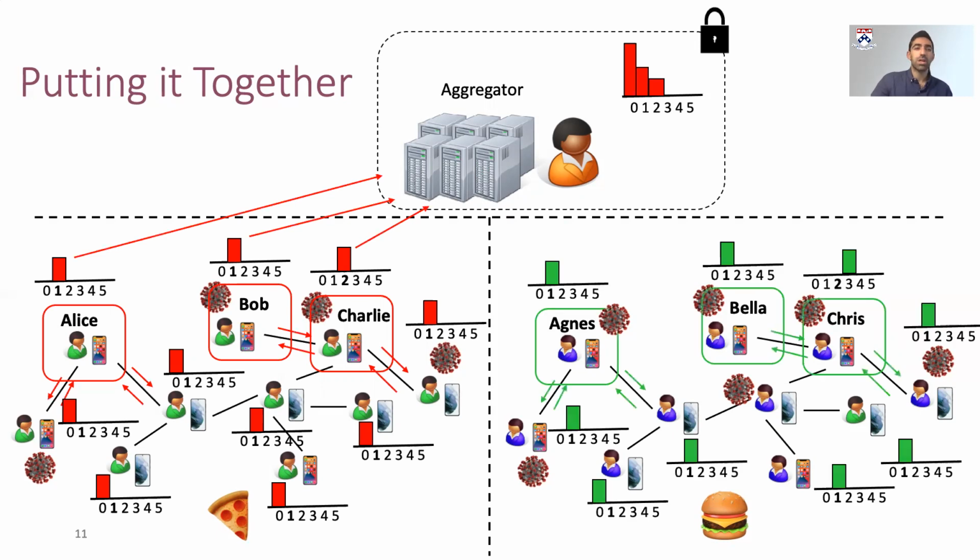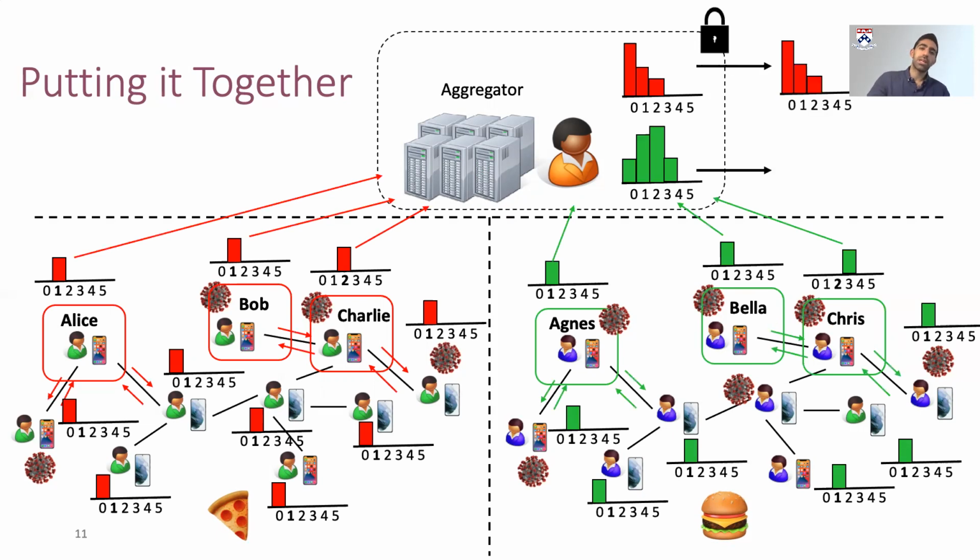Then this exact same process is going to happen at the burger place, and this all gets aggregated. Finally, we're going to add a little bit of noise and get the slightly imprecise final histograms. So basically, because less infections spread there, this proves that pizza is far superior to burgers, but also gives an overview of how the system functions as a whole.